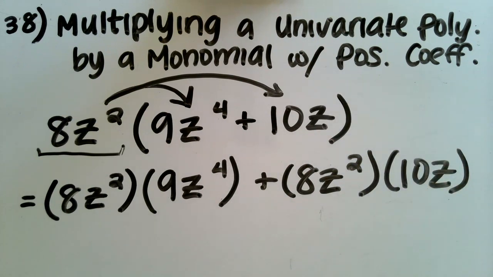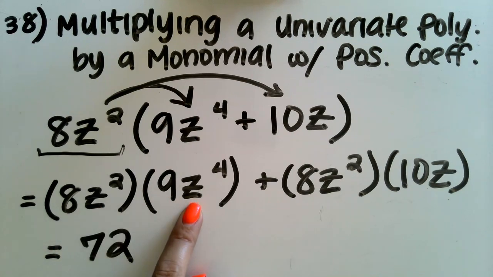Now we just multiply and use that product rule to evaluate. So jumping down, our first 2 terms here, 8 times 9 we know is 72, and here's where we use our product rule. z to the second times z to the fourth.